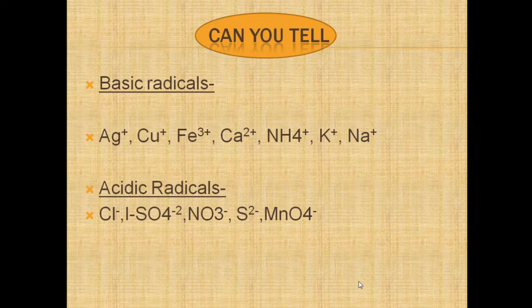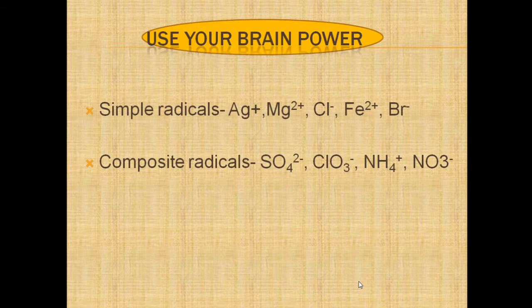These are acidic radicals. Now next है, use your brain power. Classify the following radicals into two types. While doing this, use a criteria other than criteria used above. सो इसमें आपको रेडिकल्स दिए हैं, डिफरेंशिएट करने हैं. तो ये जो सिंपल रेडिकल्स है वो है Ag+, Mg2+, Cl-, Fe2+, Br-.